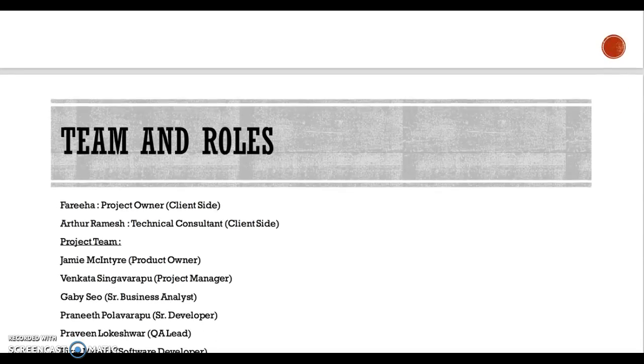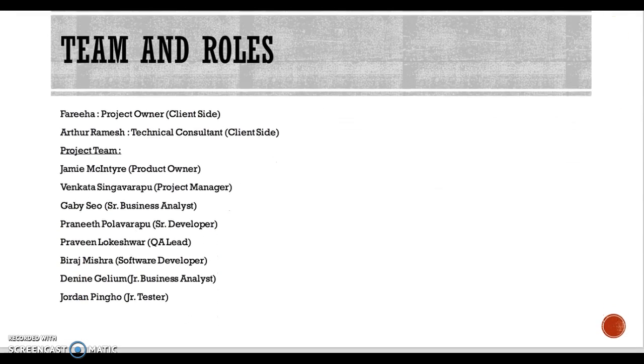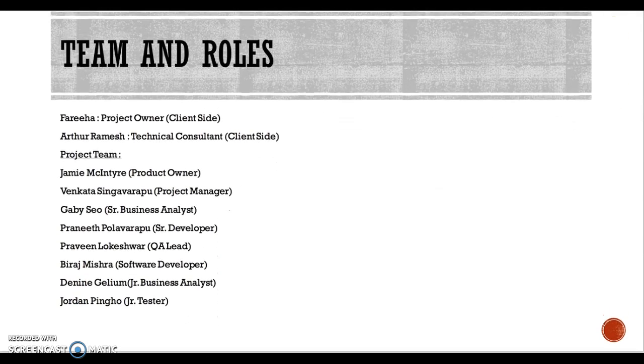So this slide is about the teams and the roles. So this is the team which starts with client side and the project team side. The reason why I have taken the client side in our team is this application needs a collaboration from the client, because we are taking some inputs from the clients as well to build this application.